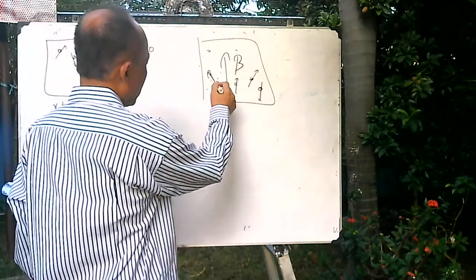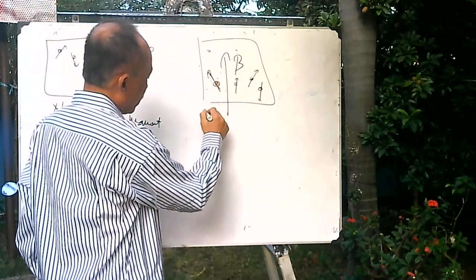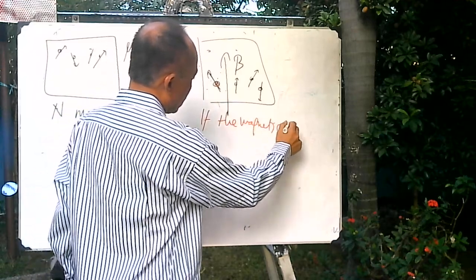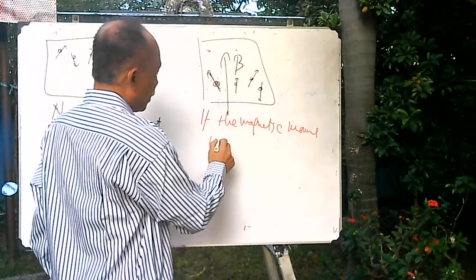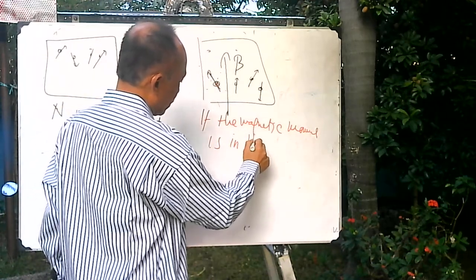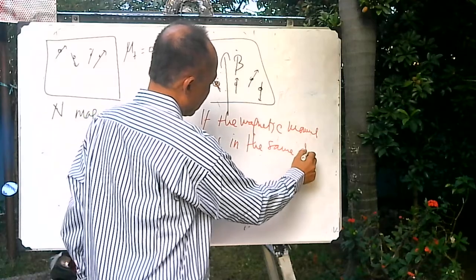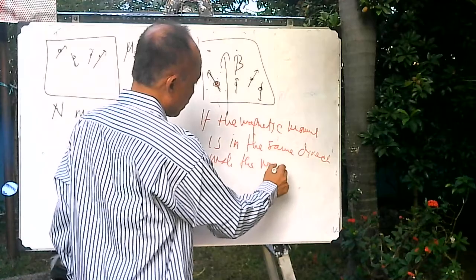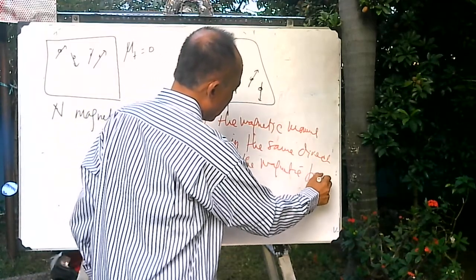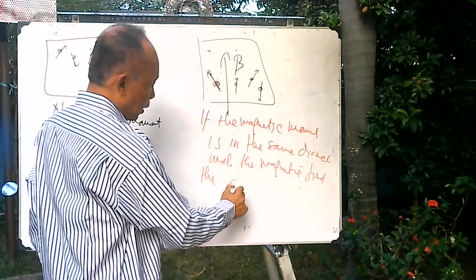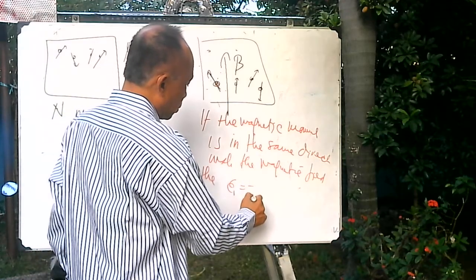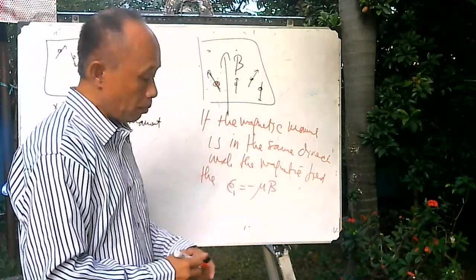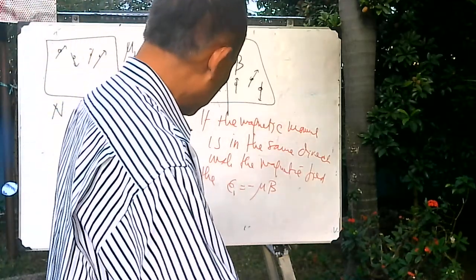We have calculated the magnetic moment energy. If the magnetic moment is in the same direction as the magnetic field, the energy epsilon 1 is minus mu B. Mu is the magnitude of the magnetic moment and B is the magnetic field.